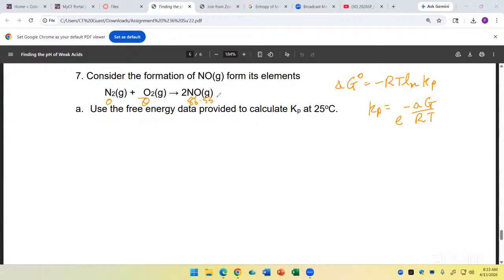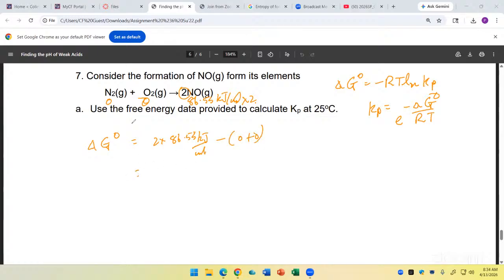86.55. But we have to be careful, because there's a coefficient of 2 here, so we have to multiply that by 2, right? So delta G standard is going to be equal to 2 times 86.55 kilojoules per mole, minus 0 plus 0.